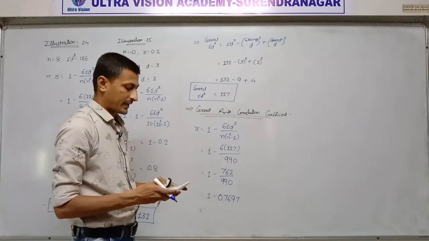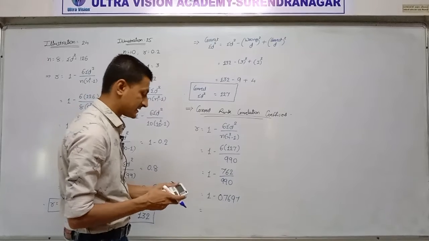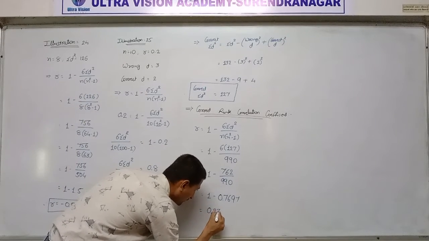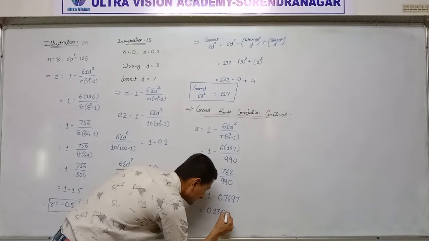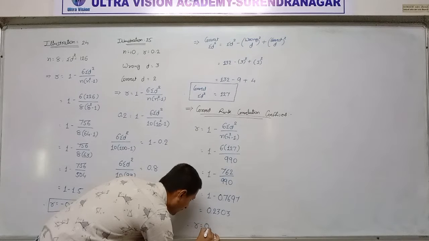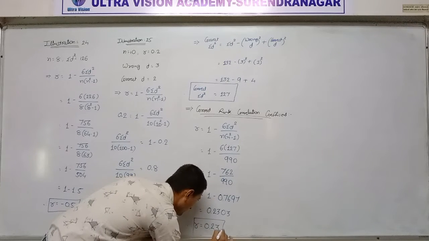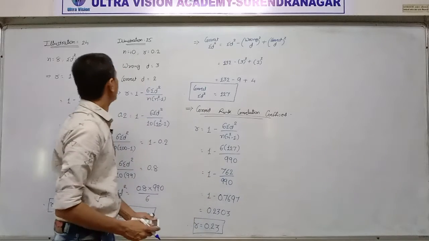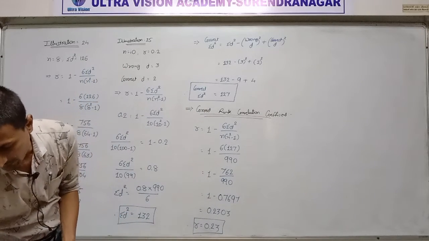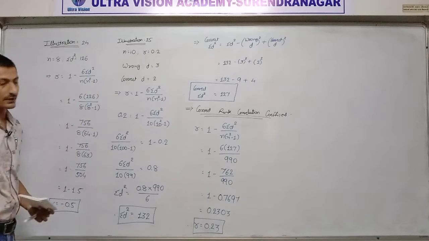Now next, find the difference: 1 minus 0.7697 is 0.2303. So the correct rank correlation coefficient is 0.23. Okay, we have completed illustration number 20, okay, 25 we have completed.